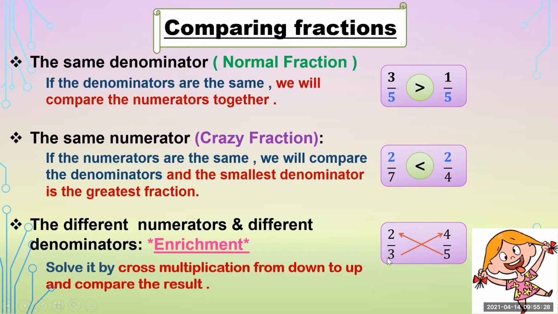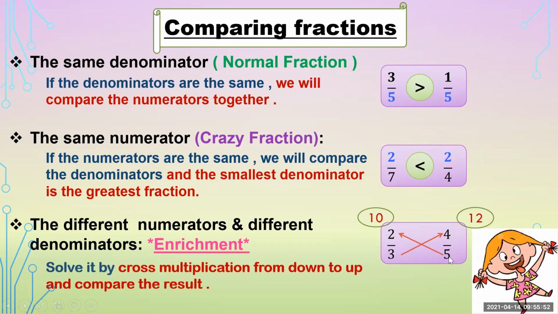How to make cross multiplication? I will do two multiplication equations, okay? I will start from the bottom, 3, and go up to 4. So 3 times 4 equals 12.